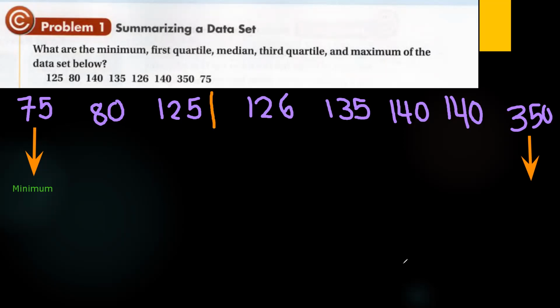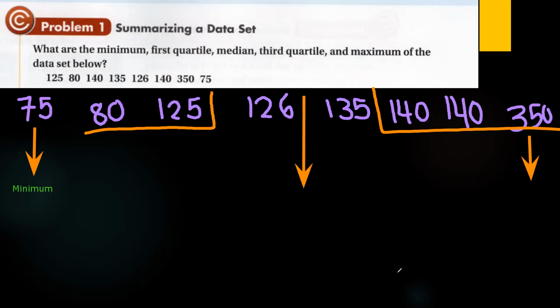So we have 126 and 135, and the median is between them because we have 2 numbers. How can we find the median?